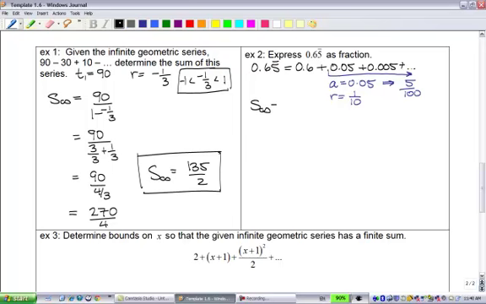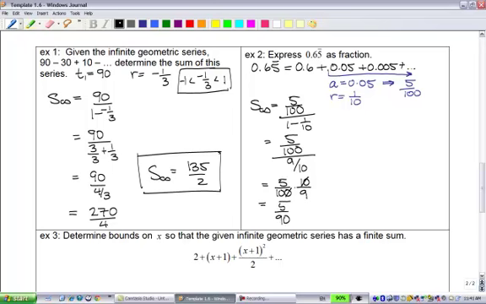Sum infinity is 5/100ths over 1 minus 1/10. 5/100ths. 1 minus 1/10 is 9/10. Again, we can invert and multiply. 5/100ths times 10/9, and we get a little bit of cancellation here, and we end up with 5 over 90.